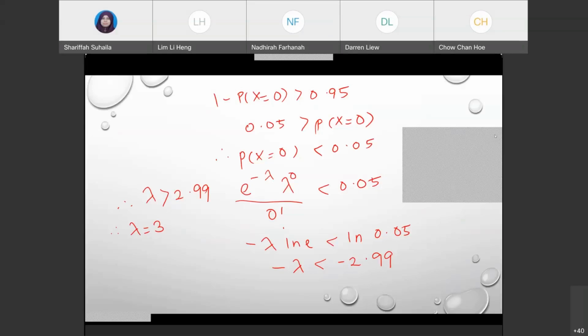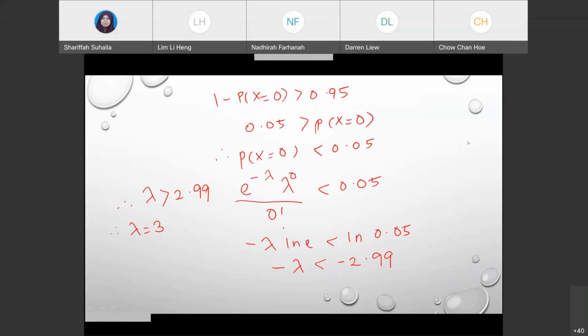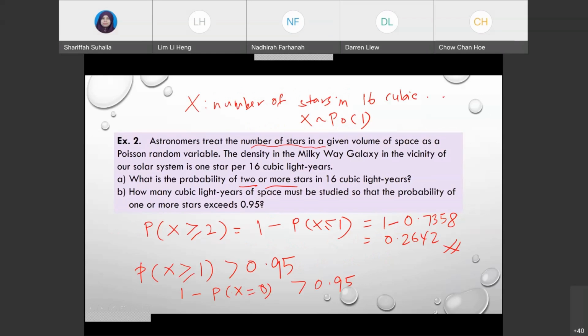Okay, so first, you use your lambda to find the probability. Macam biasalah yang hafal tu. And then second, given the probability, you need to solve for lambda first, and then try to answer that question lah, apa yang ditanya. Kalau yang tadi tu ditanya, dapatkan M je, dapatkan dia punya nilai lambda, and then guna that lambda tu to solve the other question. Okay, but this one, dia tanya balik apa dia punya ruang tu. Okay, which is this one lah, in this case, 16 cubic light years tadi.